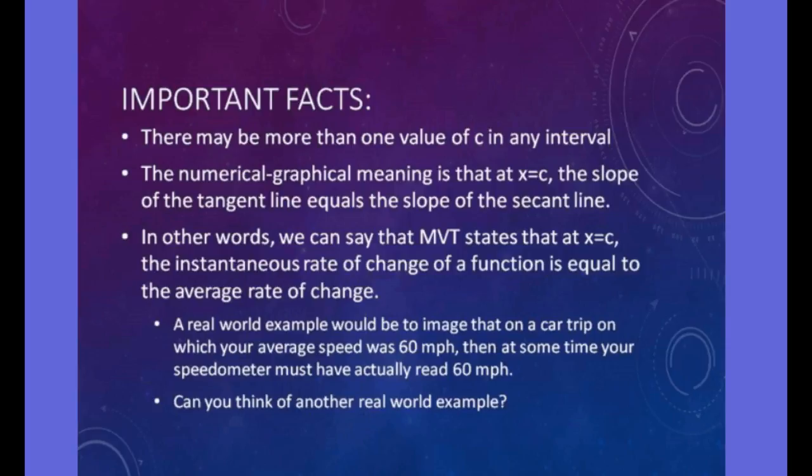It's very fair to say that at some point your speedometer is going to read 60 miles an hour. Even in cruise control, your speedometer is going to fluctuate depending on the hills and the curves of the road. So, average rate, instantaneous rate. They eventually meet and match up. And that's what MVT tells you. That's where MVT is going to come into play as we look at bigger examples and more examples.